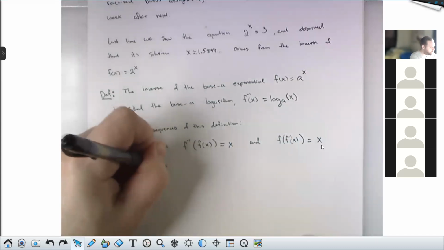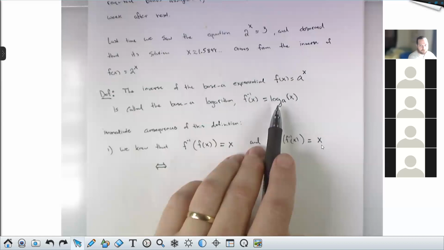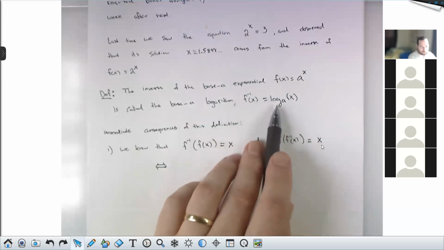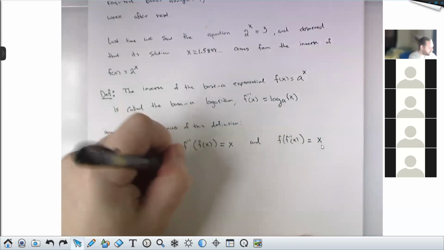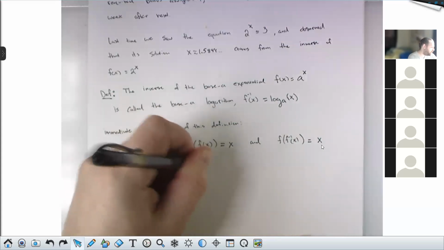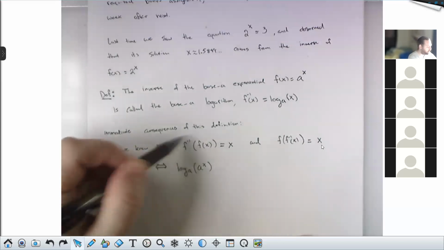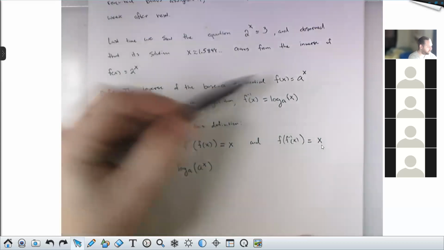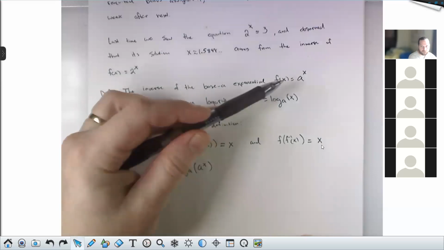So if I write down this statement for these functions, which are inverses of each other, what do I get? Well, f inverse of x is the base A logarithm of x, or log sub A of x. So f inverse of f of x is the log sub A of A to the x. I'm just taking this thing and plugging this thing into it.